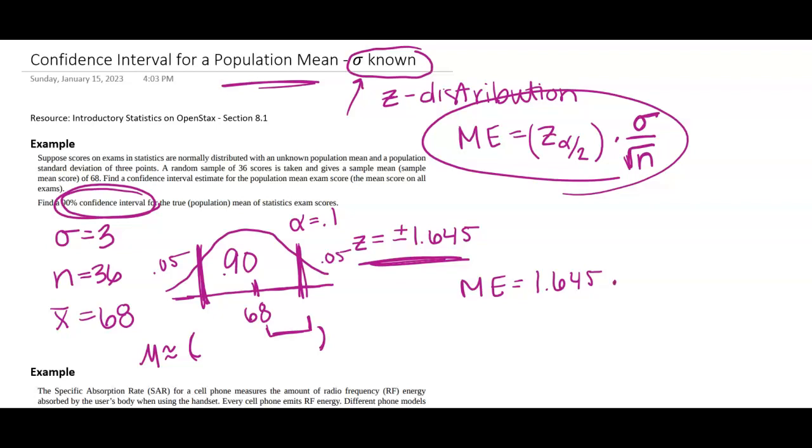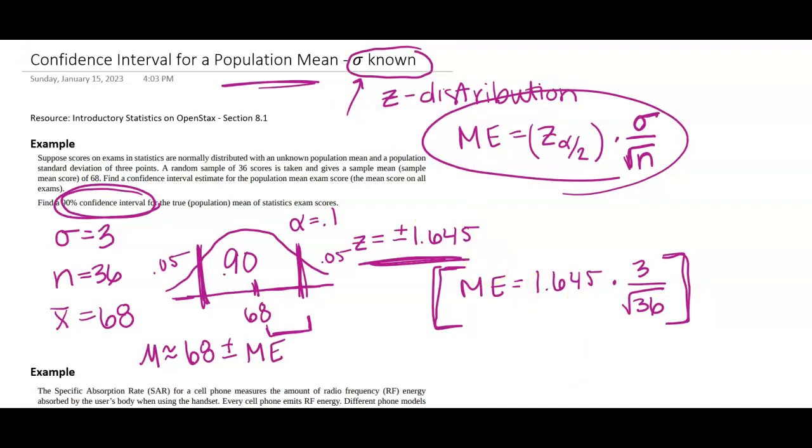So just 1.645 times the standard deviation over the square root of n. And then whatever number this is, and I'm going to use StatCrunch to find it, I'm going to say that the mean is approximately in a boundary that is x bar, so 68, plus or minus that margin of error.